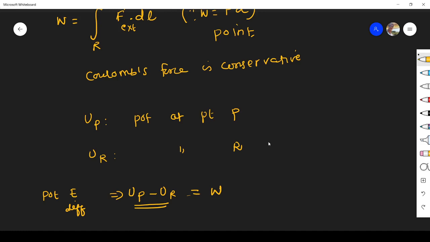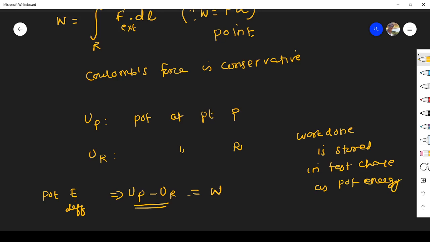Because the work done by the external force is stored in the form of potential energy in the test charge. That is very, very important. So the work done to move the test charge from point R to P is stored in the test charge as potential energy.